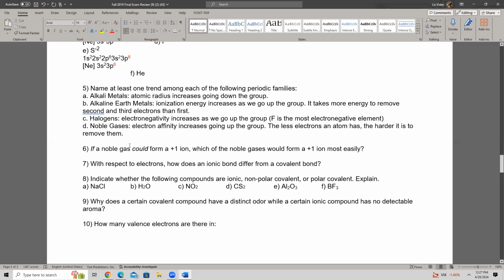All right. So now that you know that, think about this. If a noble gas could form a positive ion, which of the noble gases would form it most easily?